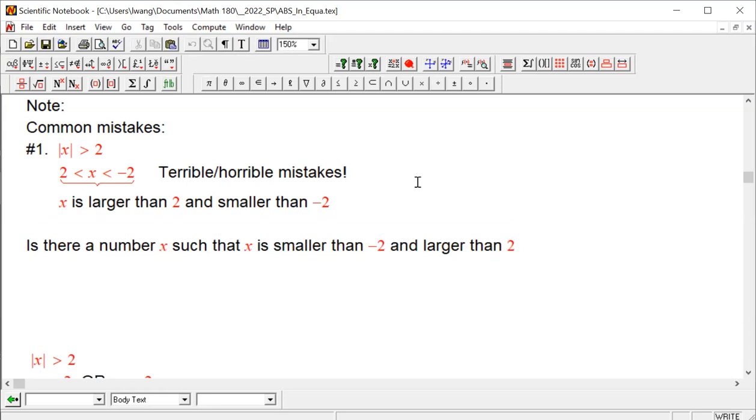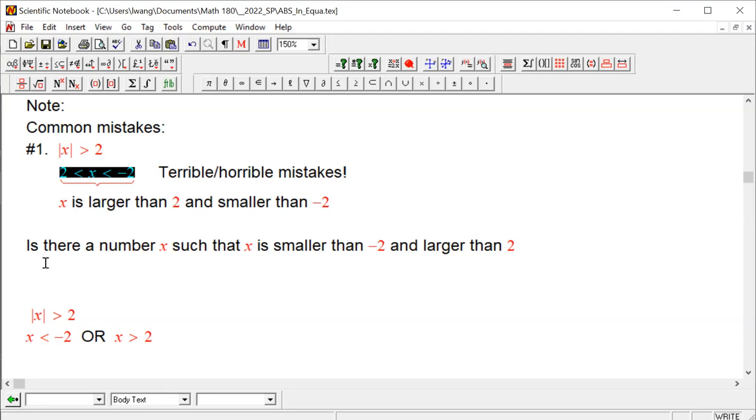Then you say, no, what I mean is less than -2 or larger than 2. I'm sorry. This grammar, this way of writing mathematically, has been determined. It cannot follow your grammar.